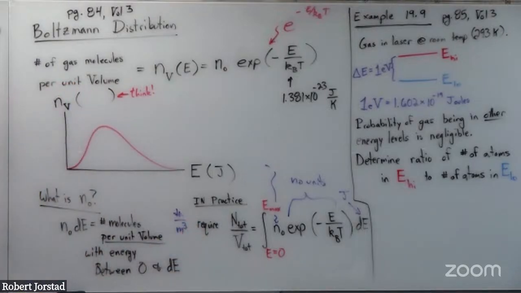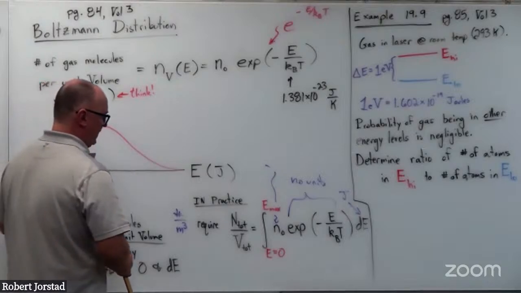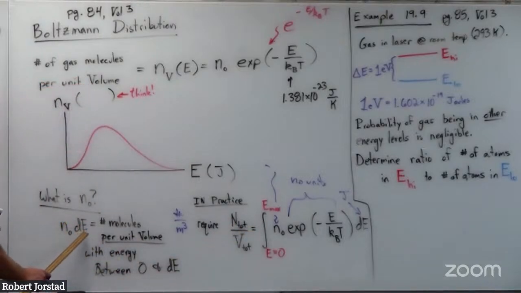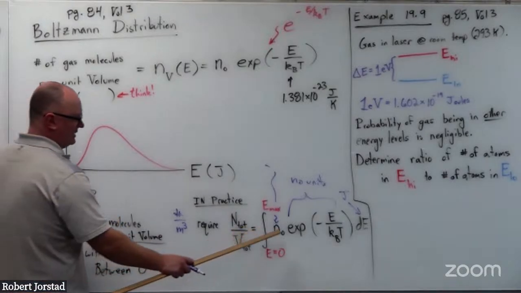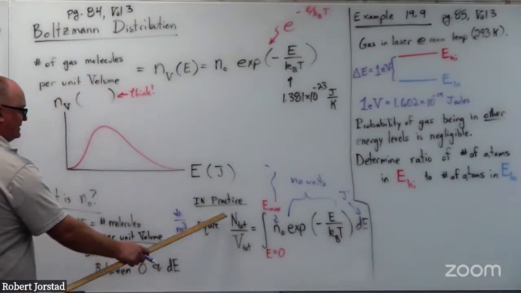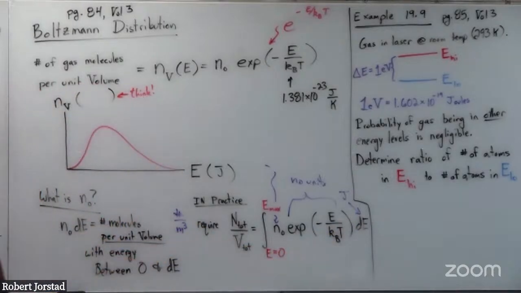So in this instance, n naught times dE will equal the number of molecules per unit volume, right? So we see that this times that increment size should give us number per unit volume.